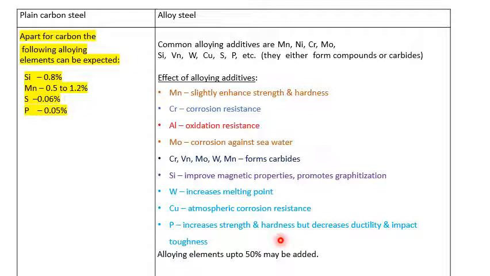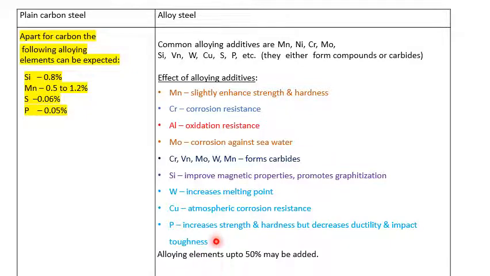If you want very good strength, then you have to compromise with the ductility. Even with impact toughness, the alloying elements can be added up to 50%, not more than that. If you add more than that, the originality of that material will be lost.